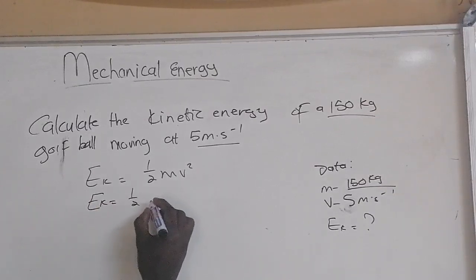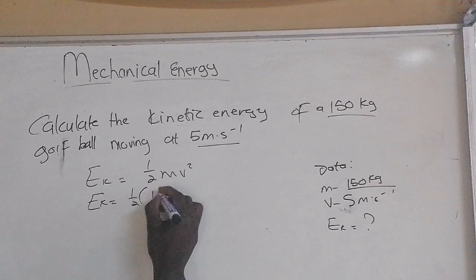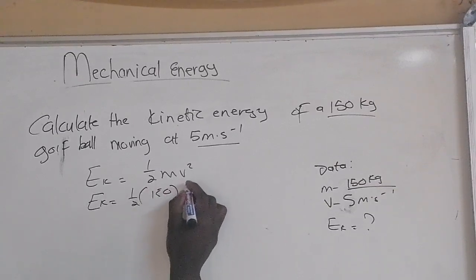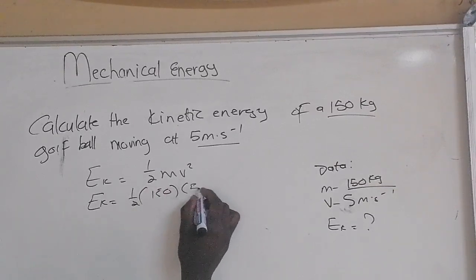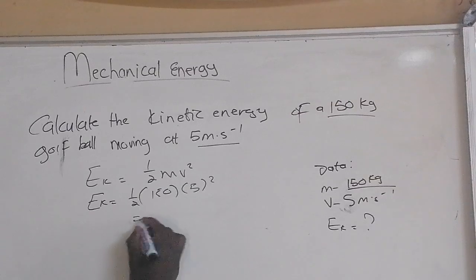What is the value of m? It is 150. What is the value of v? It is 5. Then you don't forget to write the square. Then you punch everything on your calculator.